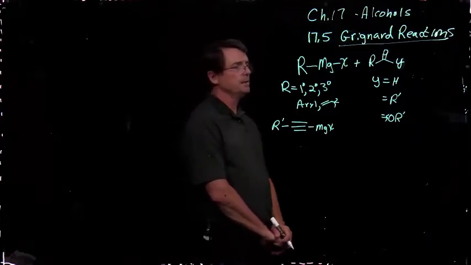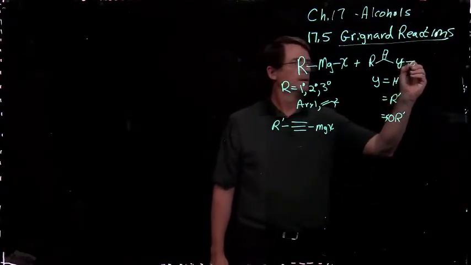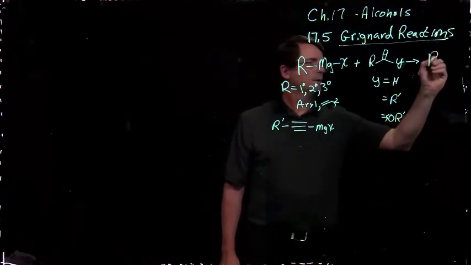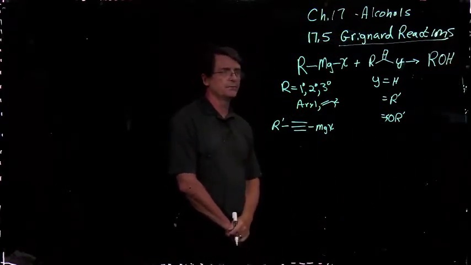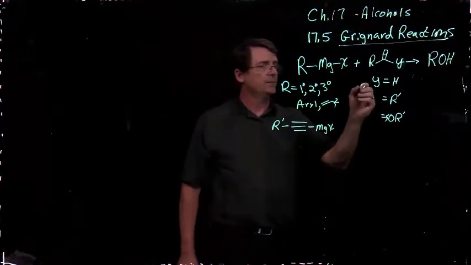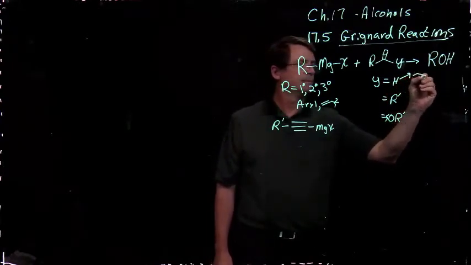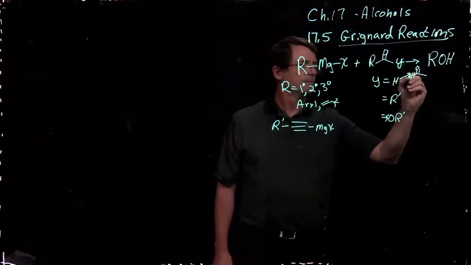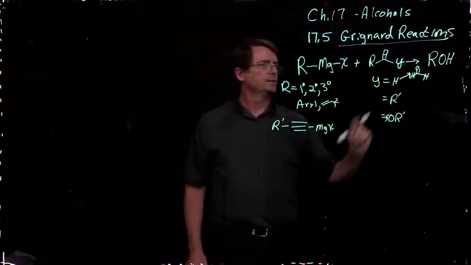So if we add to an aldehyde, depending upon the structure of the aldehyde, we get, of course, in all of these cases, an alcohol. So these are different kinds of alcohol syntheses. If it's a special aldehyde, the carbonyl has two hydrogens attached to it.